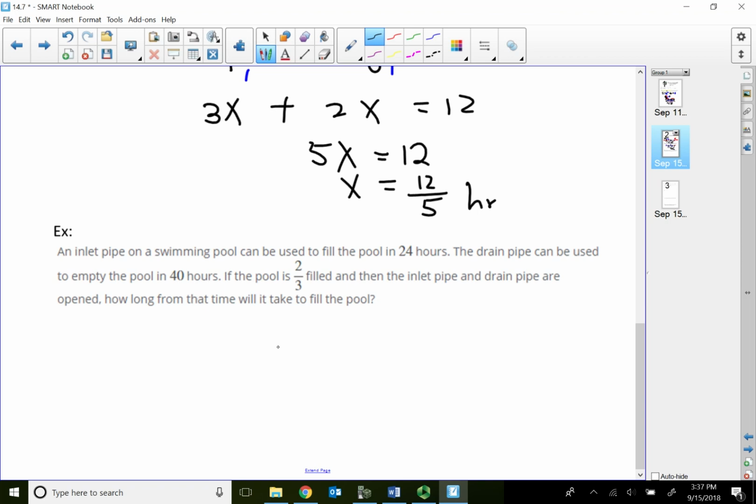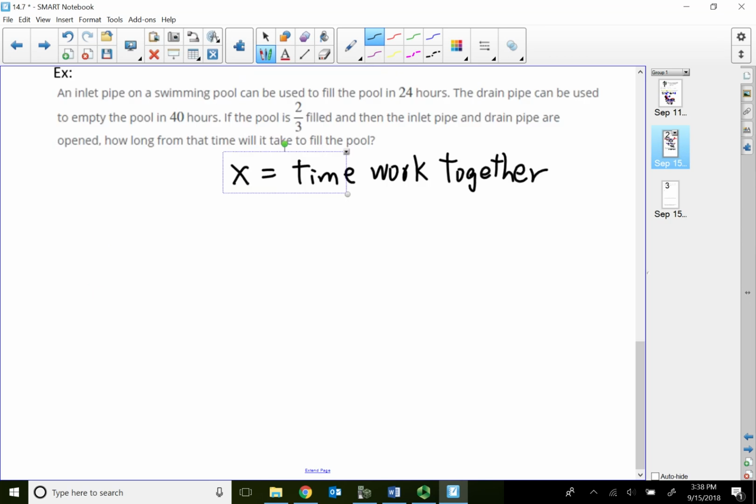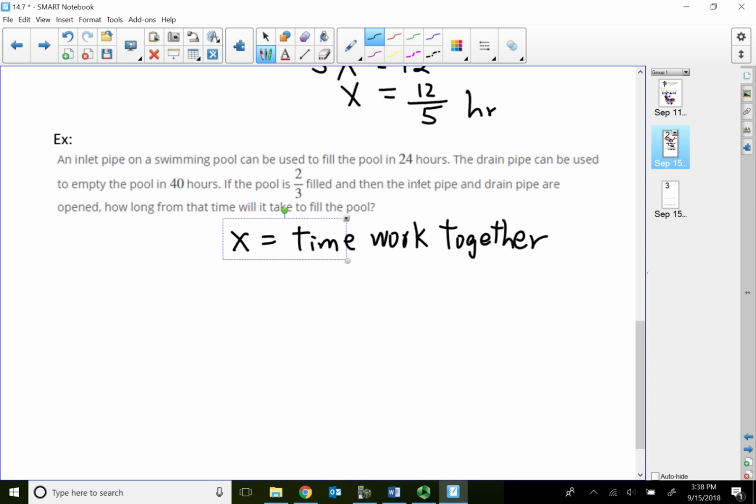All right, so let's assume the two pipes are working together, time working together, and let's assume the pool is completely empty, okay? Because the 24 hours means it filled up while the pool is empty, and the 40-hour draining assumes the pool is completely full.